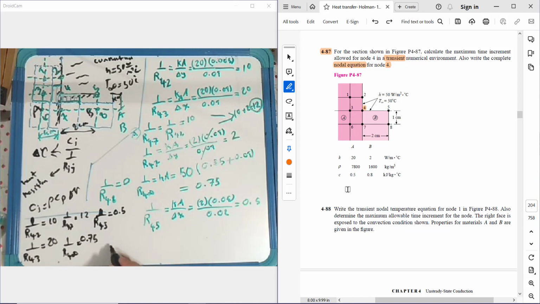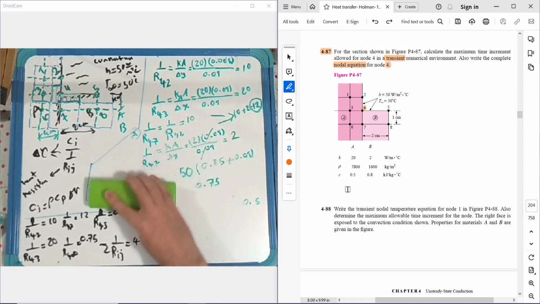Okay, sigma 1 over Rij equals 43.25. If I add all of these together, the answer will be 43.25 for 0.4.